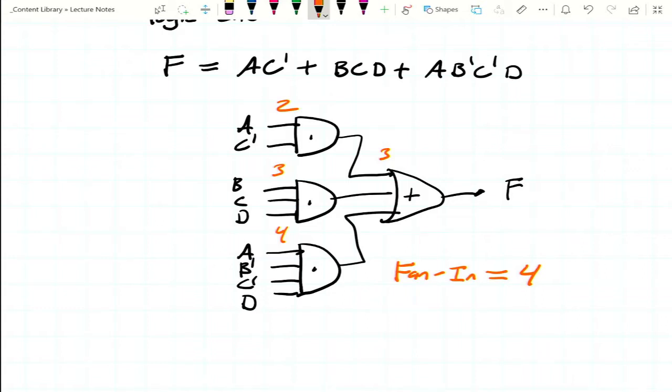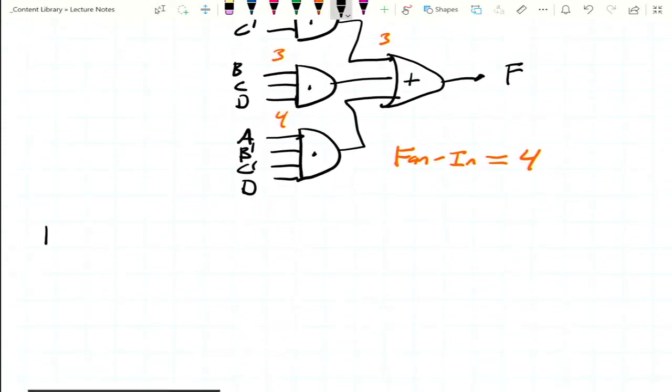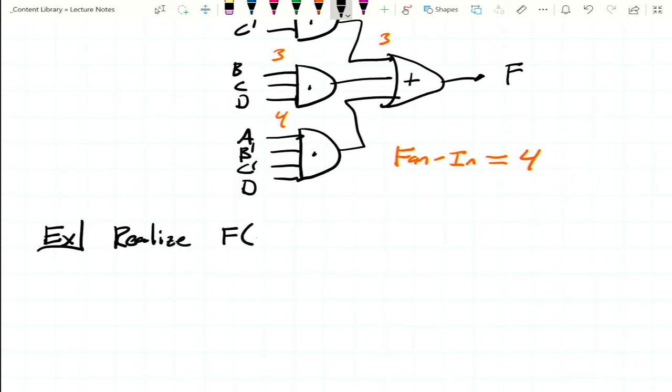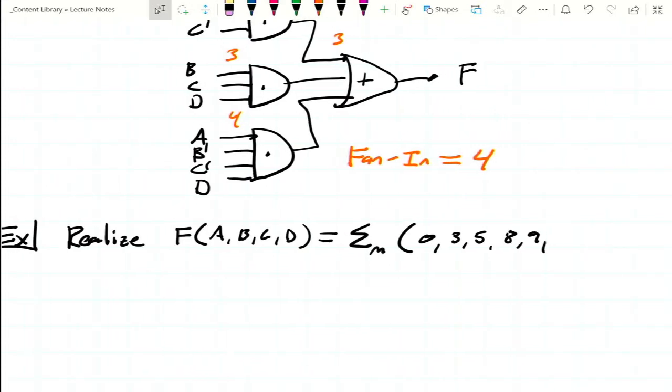So for example, you might be faced with a problem like this, which says: realize F as a function of A, B, C, and D, which is equal to the sum of minterms 0, 3, 5, 8, 9, 10, 14, and 15.